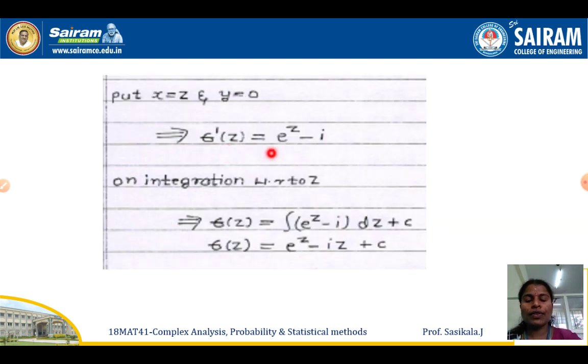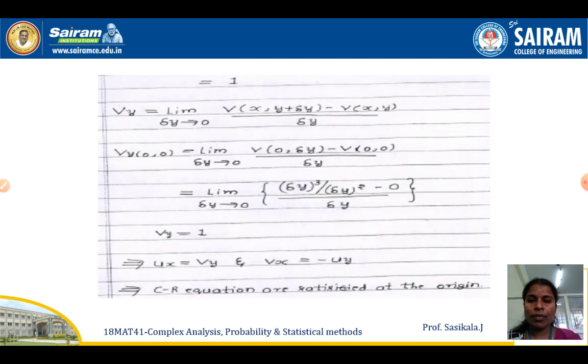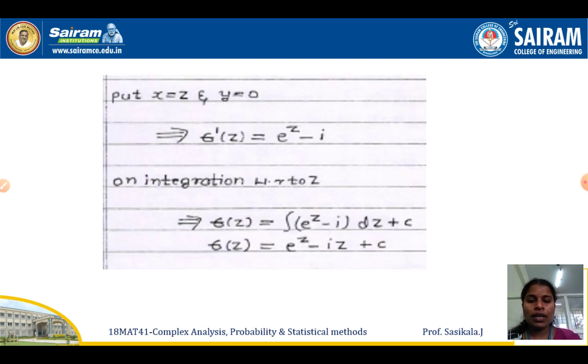So f dash of z is equal to e power z minus, see here, you can replace: i into 1 will be minus i alone will come, minus into minus will be plus e power x into sin y. So e power z into sin 0 will go 0. So what remains? This minus i alone will remain, isn't it? So I will get only f dash of z is equal to e power z minus i.